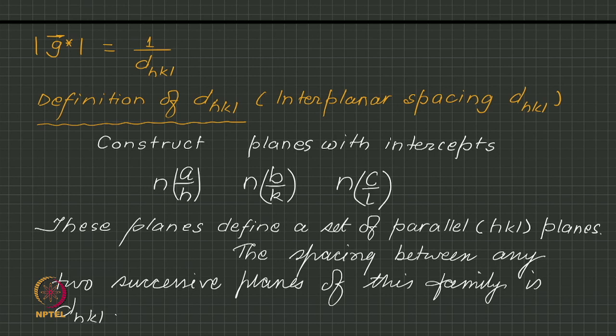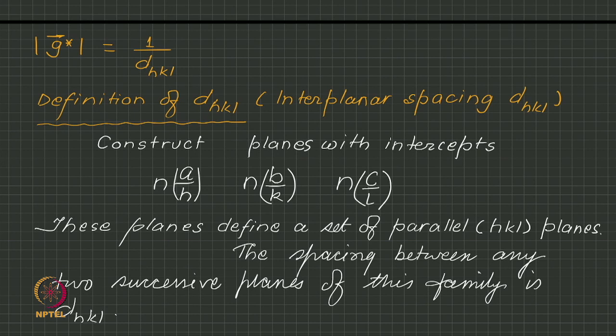HKL are numbers, A, B and C are lengths, and n is again an integer. So, all these are 3 lengths, which will vary as you vary n. For n equal to 1, you will have A by H, B by K and C by L as intercepts, and considering these as 3 intercepts, you get a plane.